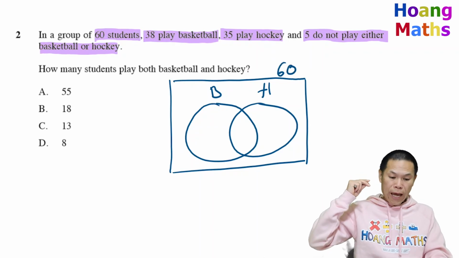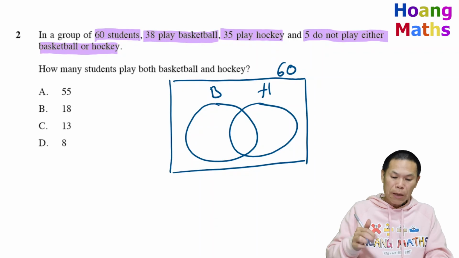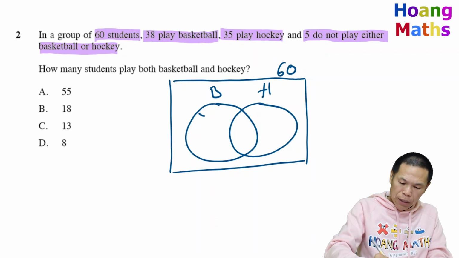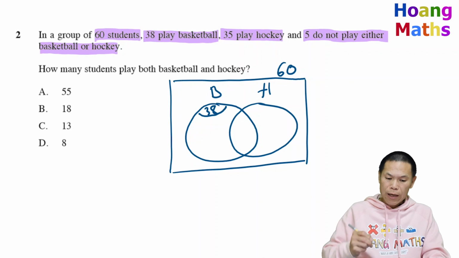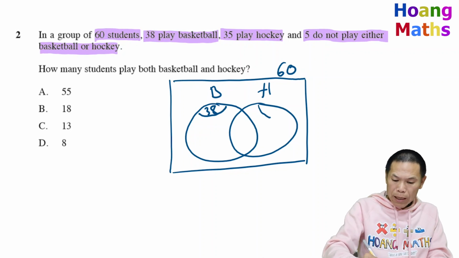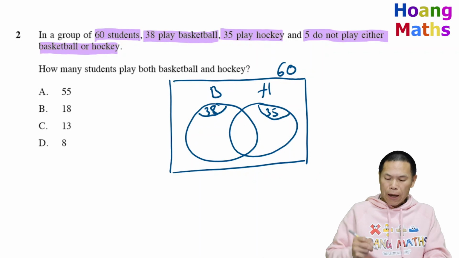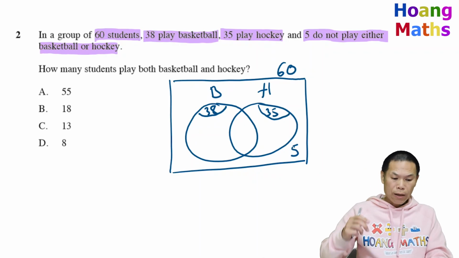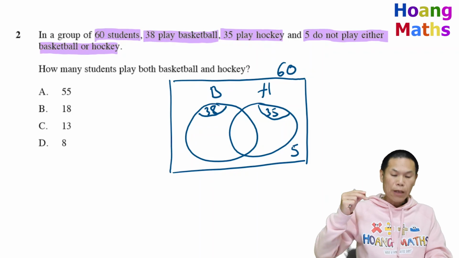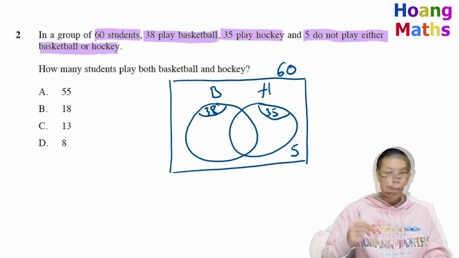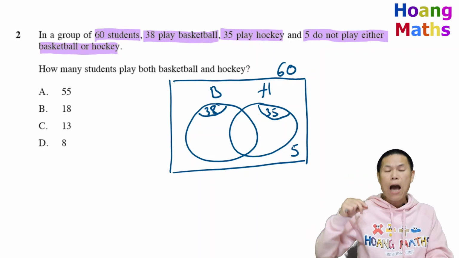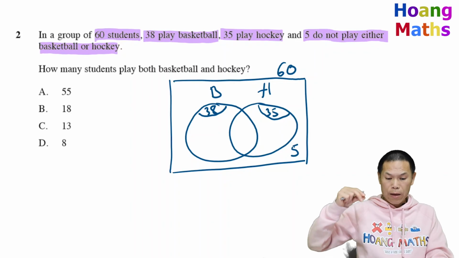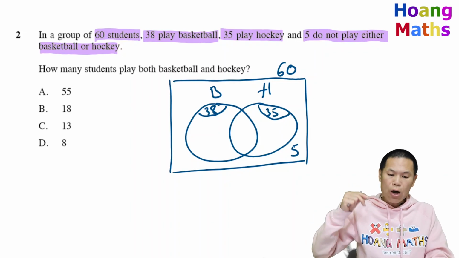We know that 38 students play basketball, so basketball here is 38, and 35 play hockey, 35 here. And the 5 outside here do not play either basketball or hockey. Now we can work out how many students play basketball and hockey.